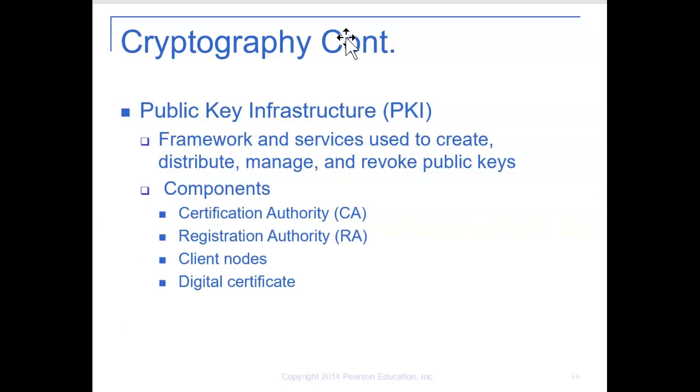Now, talking about PKI, or public key infrastructure. This is the framework that serves to create, distribute, manage, and even revoke those public keys that we talked about in asymmetric encryption. It's made up of multiple components: a CA, an RA, client nodes, and digital certificates, for example. So the CA, the certification authority, issues and maintains the certificates.